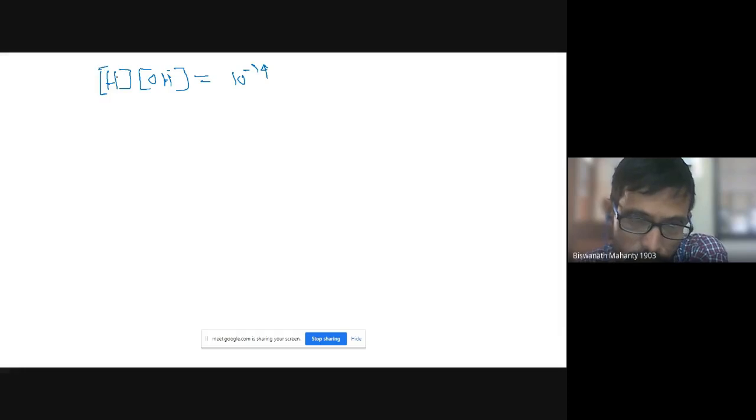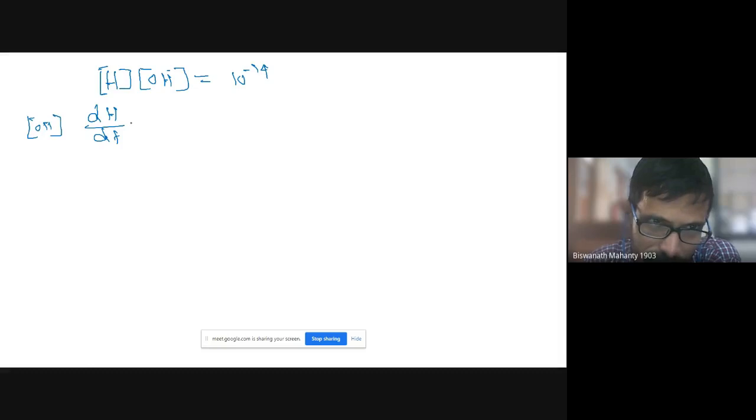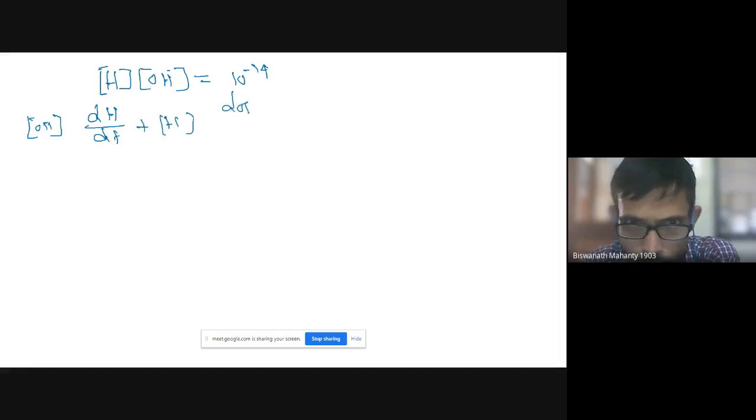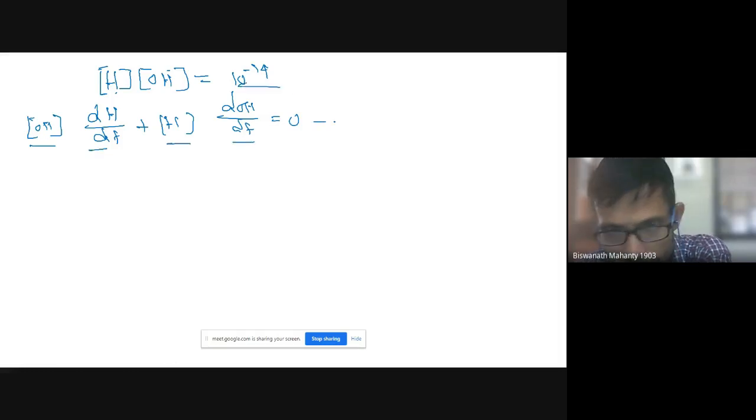Okay, so the ion product for water is 10 to the minus 14. So one equation is done. Of course, I will not write it like this. I will say dH dt times hydroxyl constant, like a derivative simply, plus hydrogen constant times dOH dt equal to 0. Just derivative. You see, for AB the derivative means A constant, B derivative, plus B constant, A derivative. So this is one other equation.